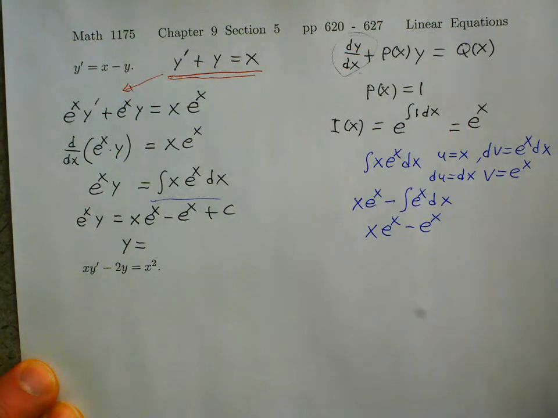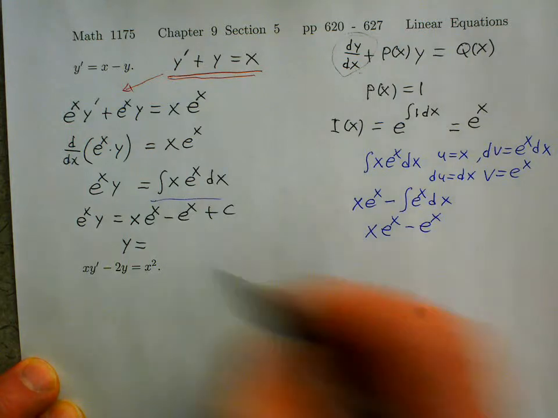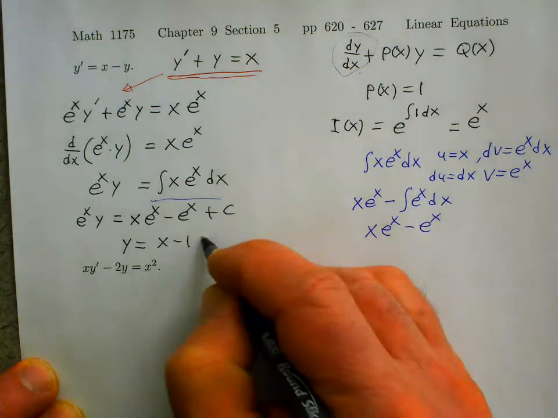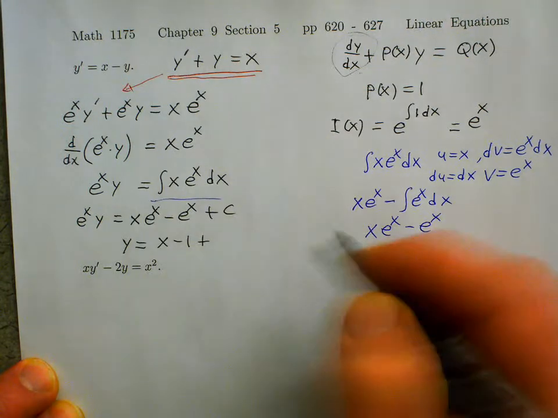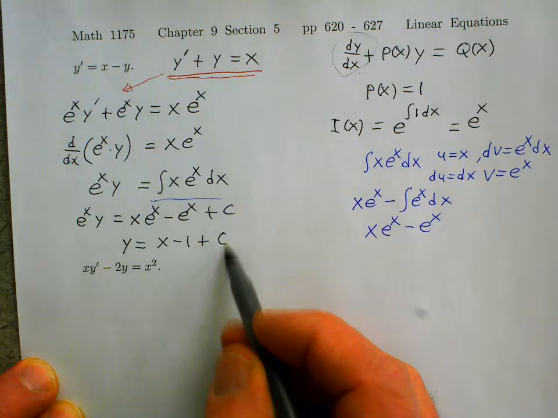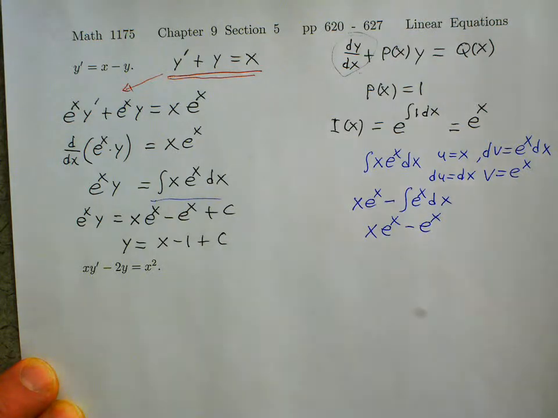So when we divide both sides by e to the x, the right-hand side becomes x minus 1, and then plus c. We can either divide by e to the x or multiply c by e to the negative x. It doesn't matter.